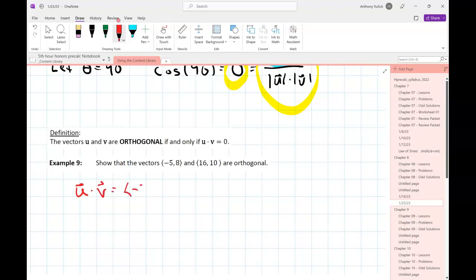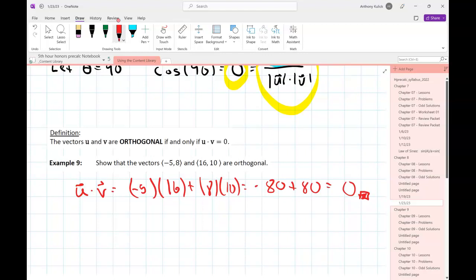Should be getting 0. Negative 80 plus positive 80 is 0. Done. That's all. It looks so easy. Isn't that lovely? Really is.